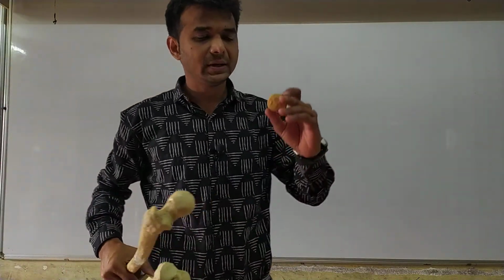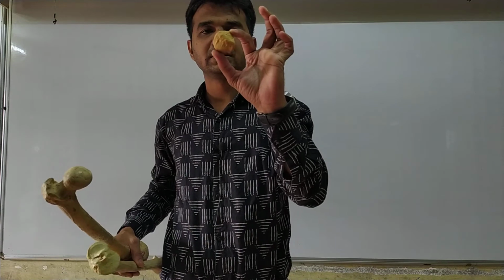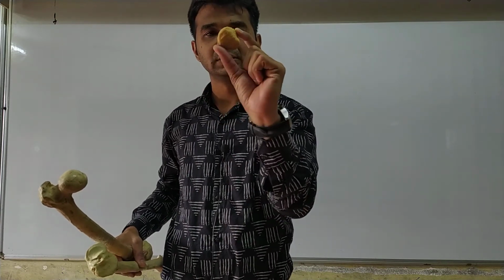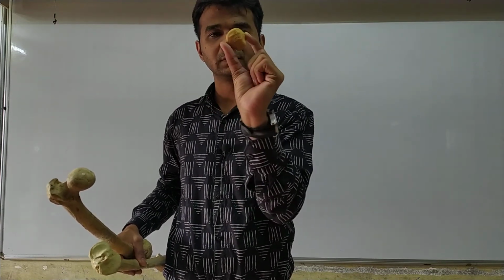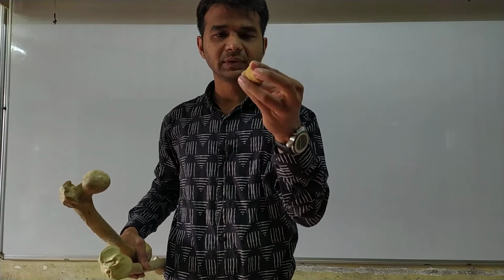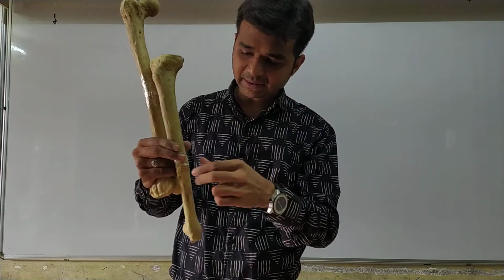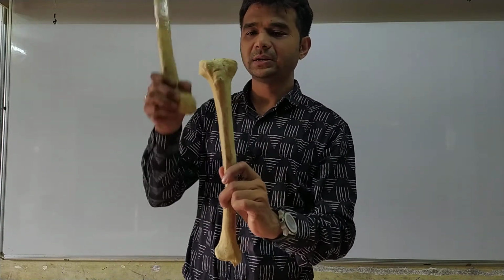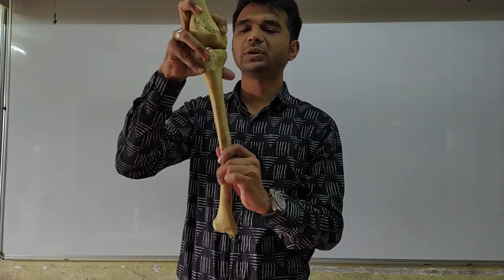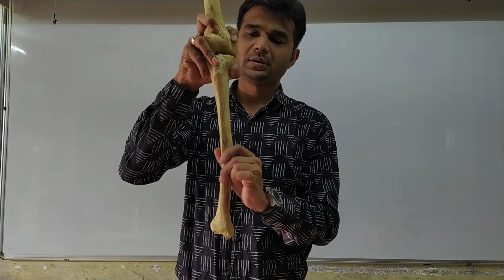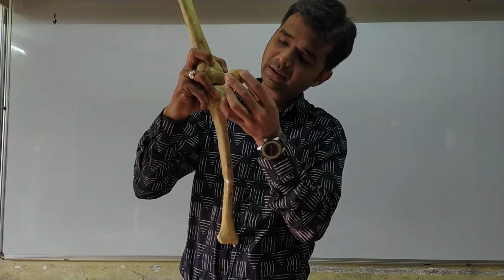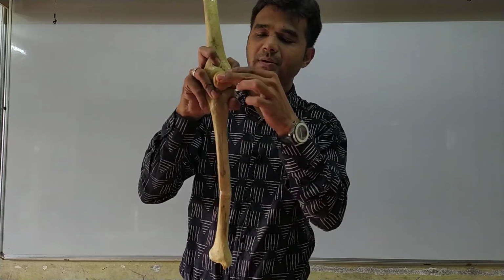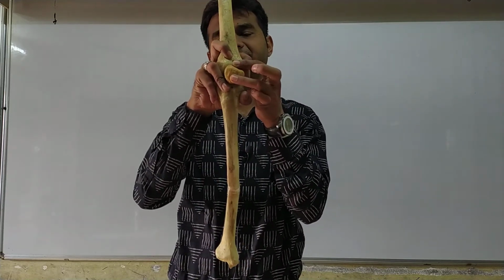This is the sesamoid bone, the patella, and here I can show you the exact knee joint. It is like this.